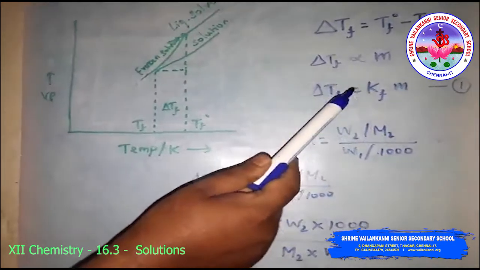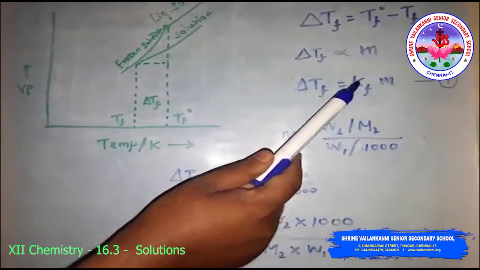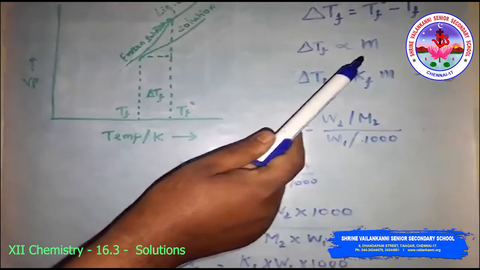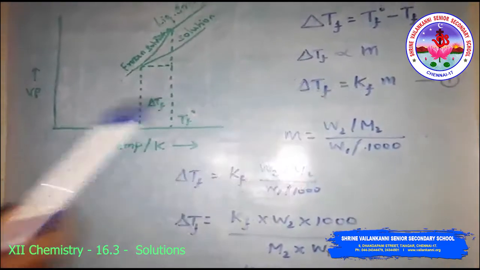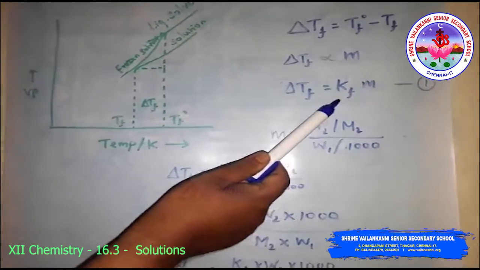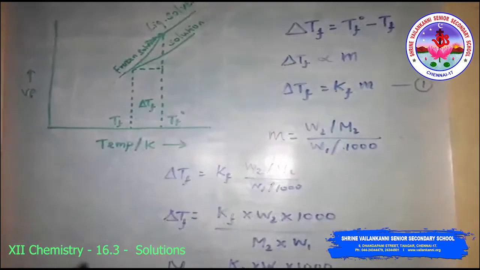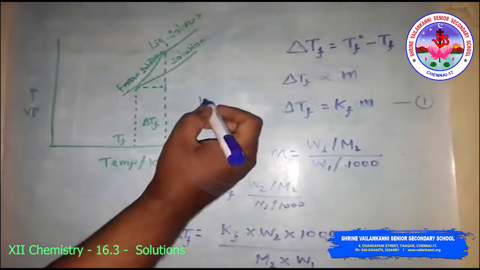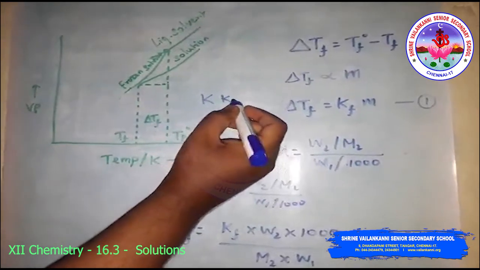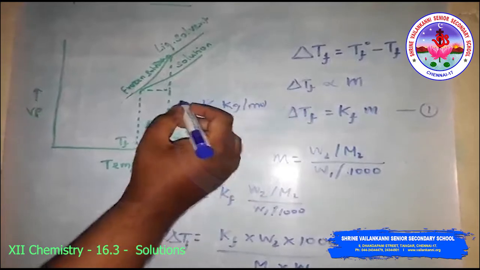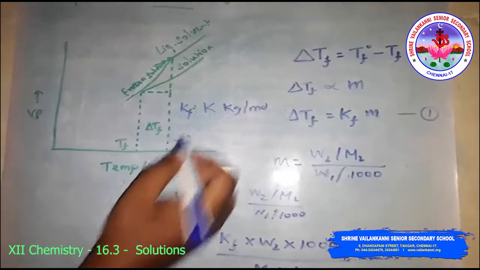Here the proportionality constant Kf depends on the nature of the solvent, and is known as the freezing point depression constant, or molal depression constant, or cryoscopic constant. Here also the unit is Kelvin kilogram per mole, the unit for Kf.